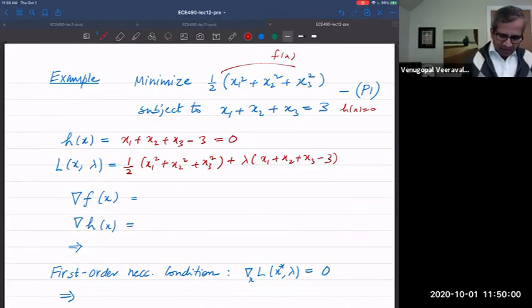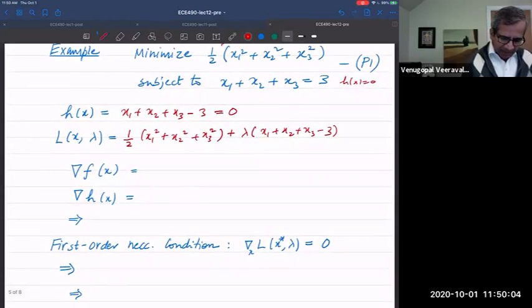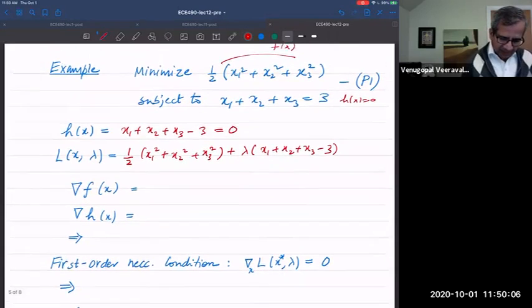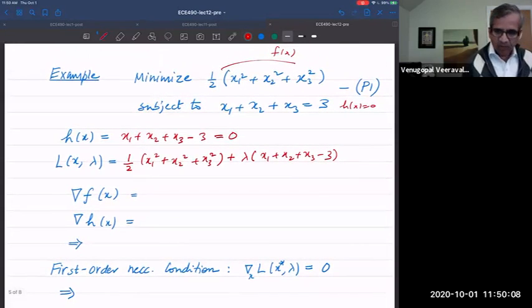So I need to compute the gradient of the Lagrangian function with respect to x. So if I look at the gradient of f, the derivative with respect to x1 will give me just x1, 2x1 divided by 2 is x1. The derivative with respect to x2 will give me x2, and then the third one will be x3.